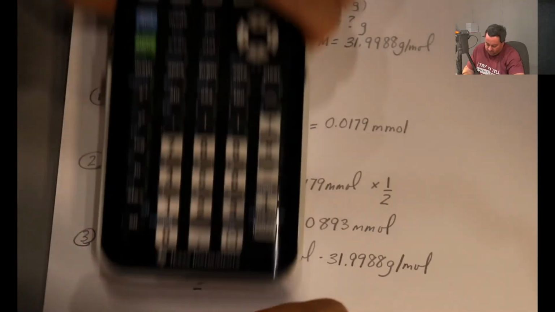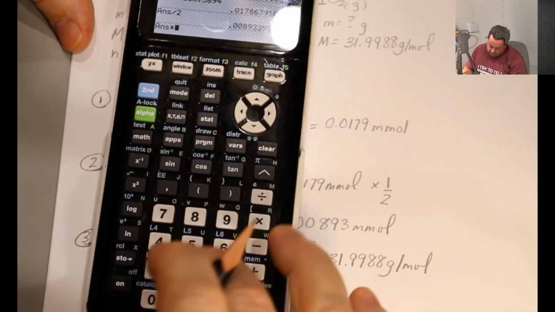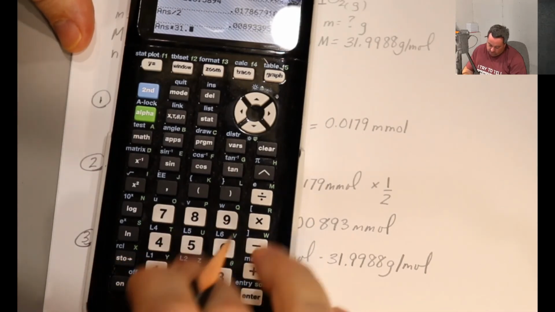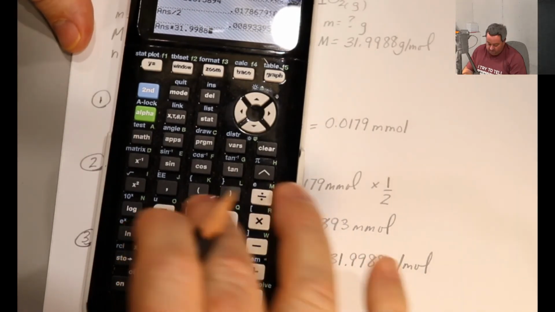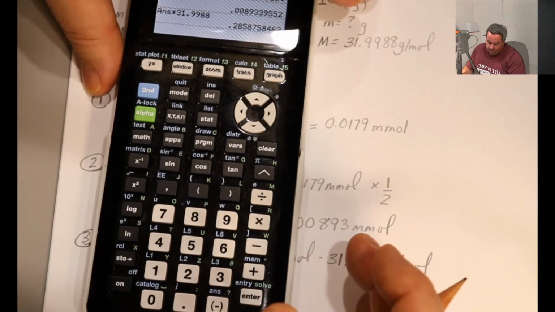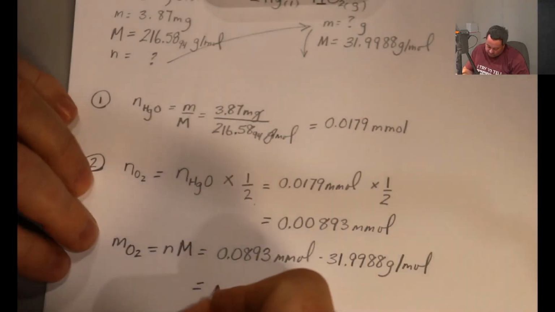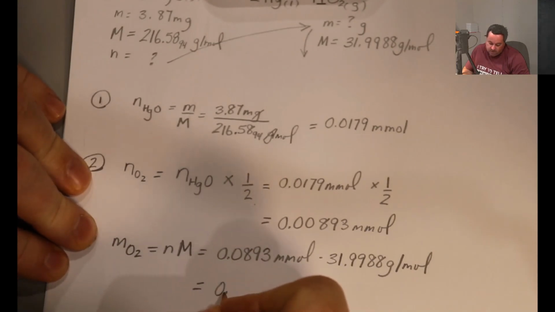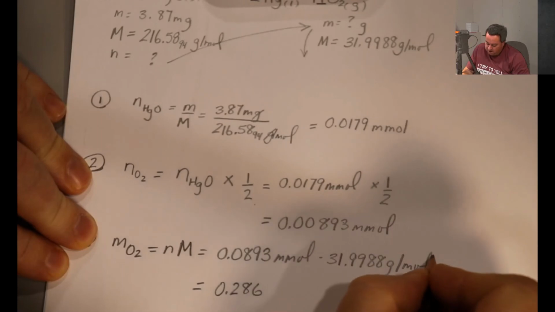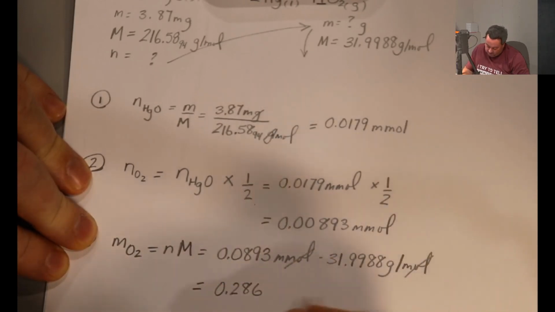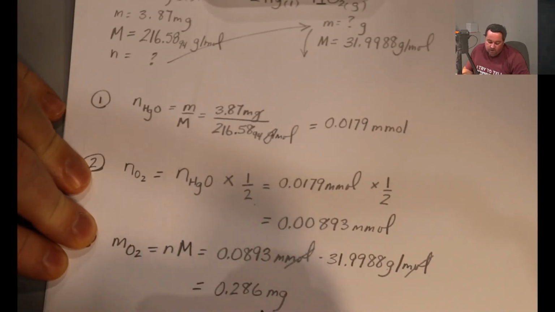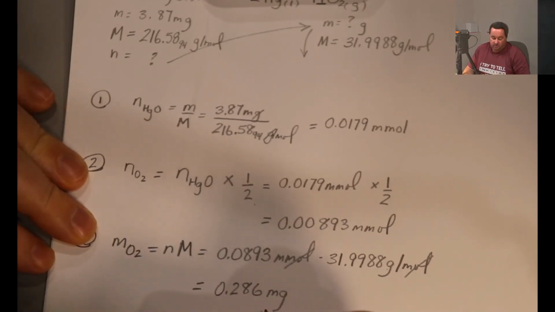So that's still on my screen, times 31.9988. 0.286 to three significant figures, 0.286. And we can see moles cancel, and the answer will be milligrams. 0.286 milligrams.